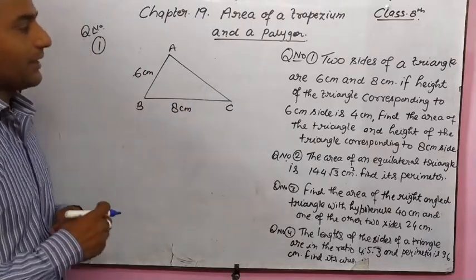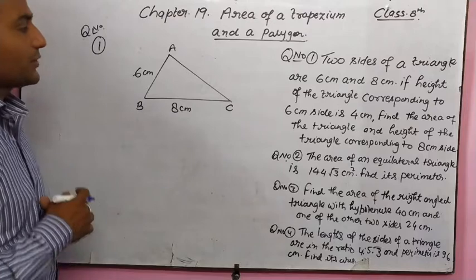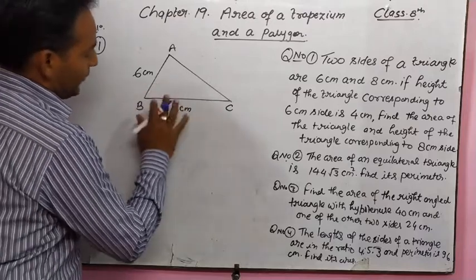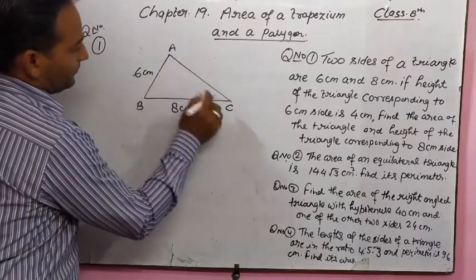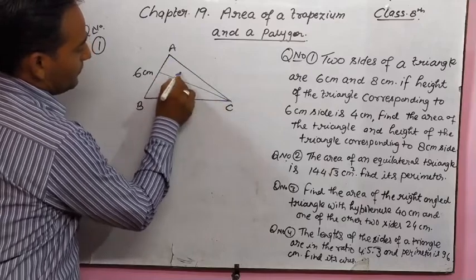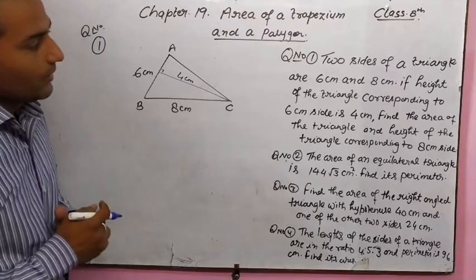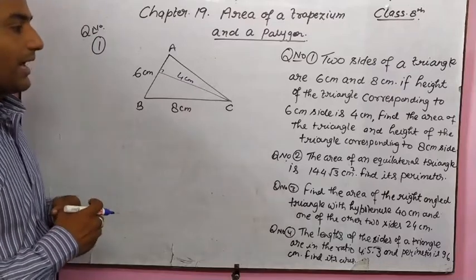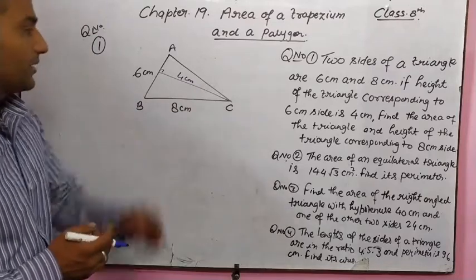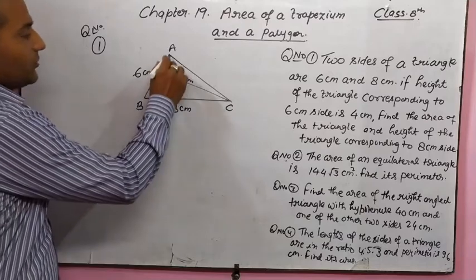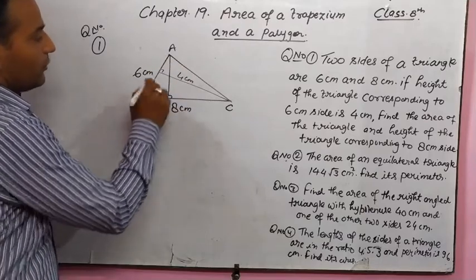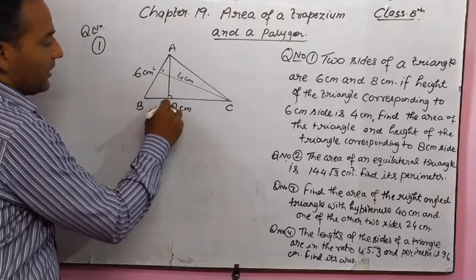If height of the triangle corresponding to 6 centimeter side is 4, this is the height. Find the area of the triangle and height of the triangle corresponding to 8 centimeter side. If this is the 8 centimeter side, so this will be the height. We don't know. Let this be L and this be M.